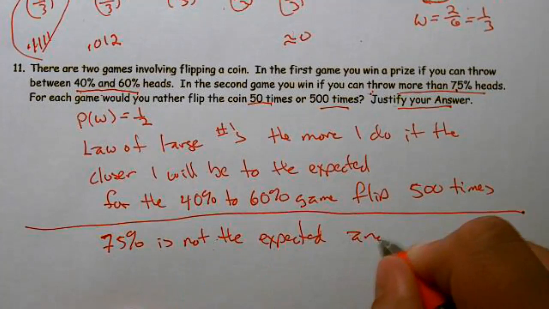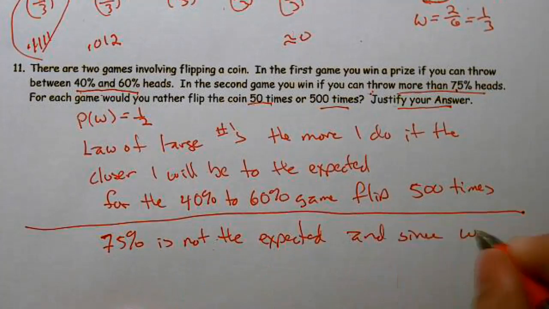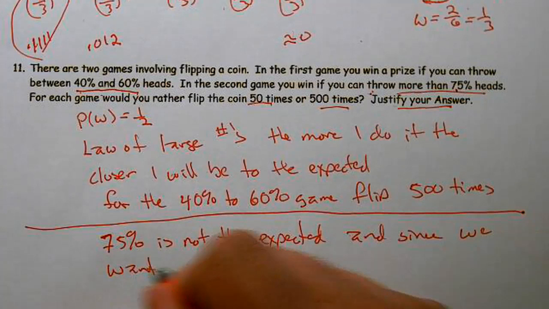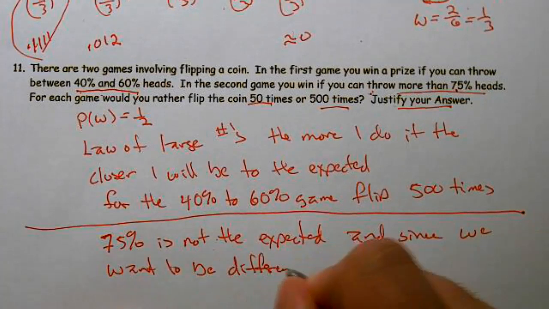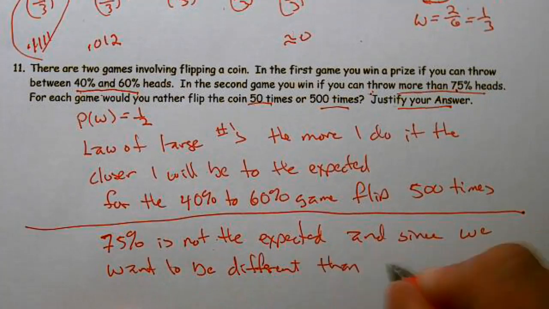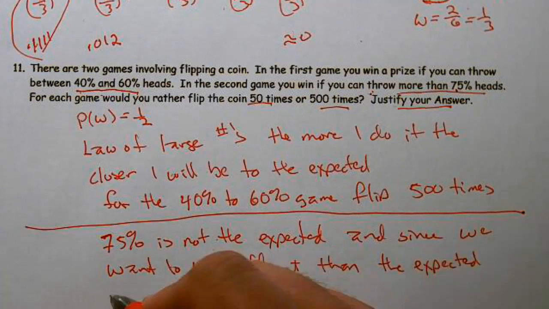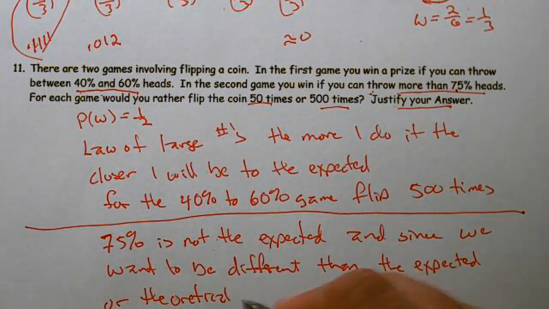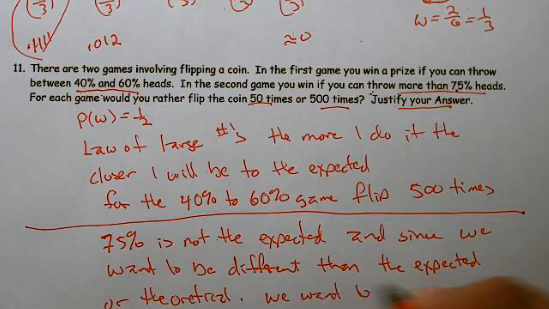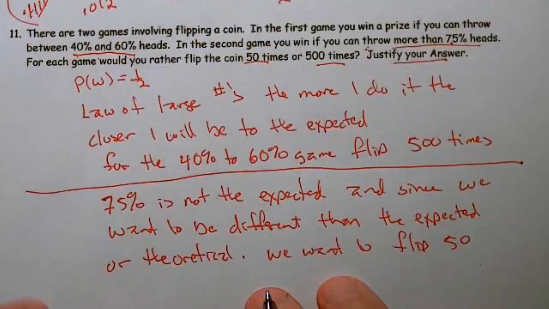And since we want to be different than the expected or theoretical probability, we want to do it as few times as possible. We want to flip 50 times for the second.